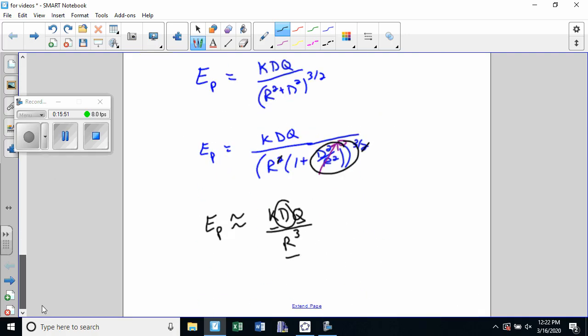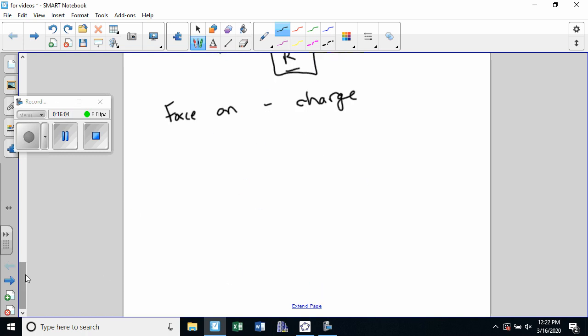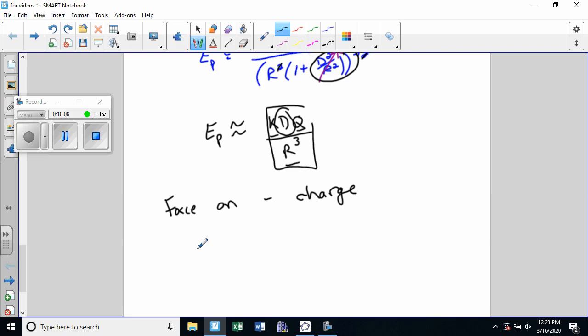So let's look at this electric field and then the force on a negative charge. If I place a negative charge at position d, I know that the force is q times the electric field.